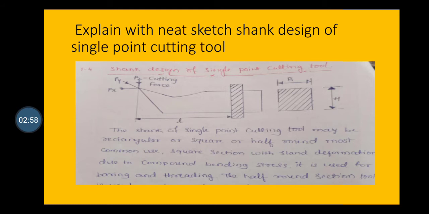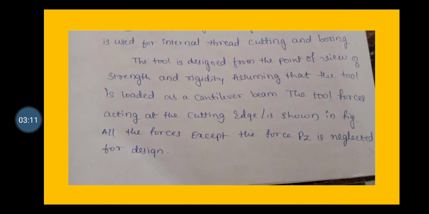Square section withstands deformation due to compound bending stress. It is used for boring and threading. The half round section tool is used for internal thread cutting and boring.